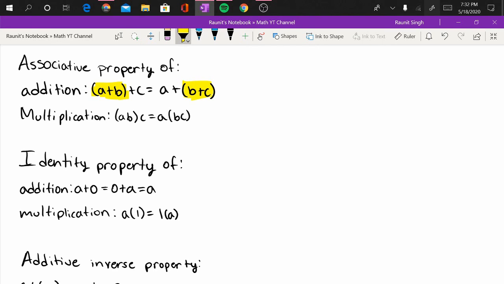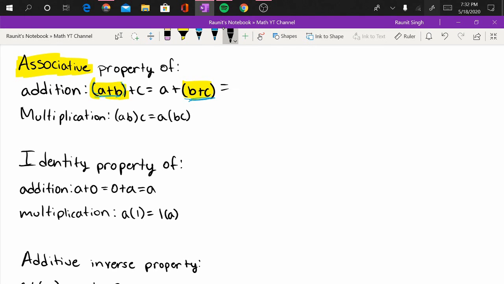And that's basically what the associative property is: if these variables are in parentheses, you can shift it over or move it so that it becomes this.